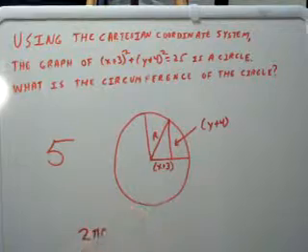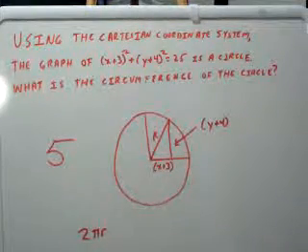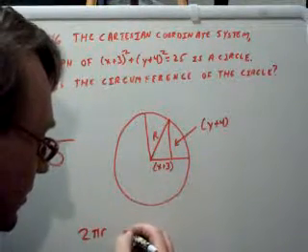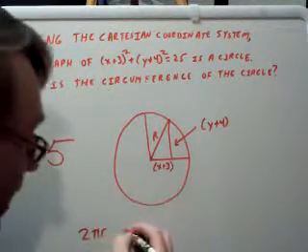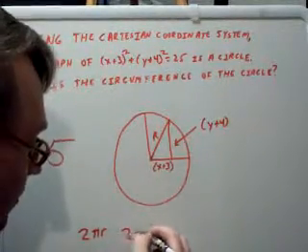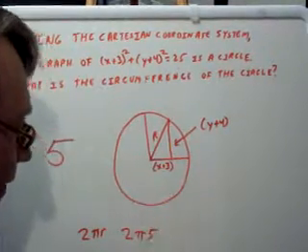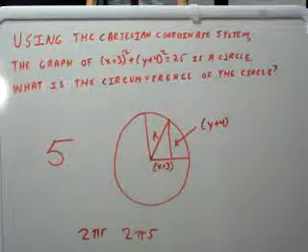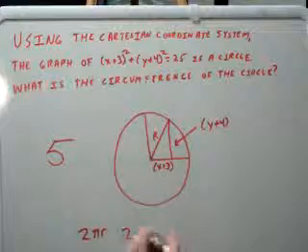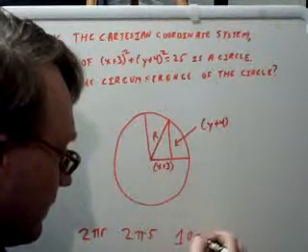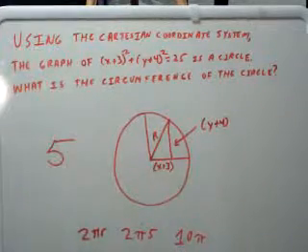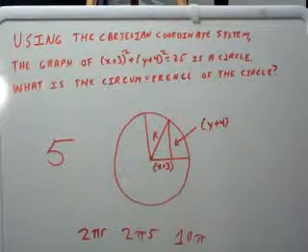So 2πr, the answer you're going to give them is 2π5. Now, if you wanted to get a little more technical, you could multiply the 5 and the 2 together, and you'd have 10π. There's your answer.